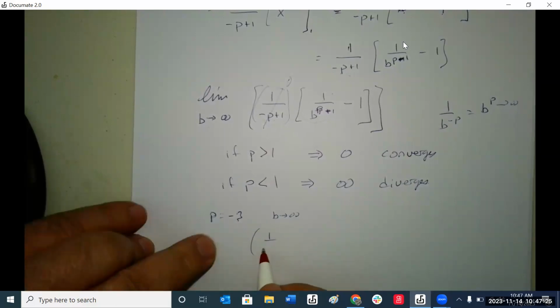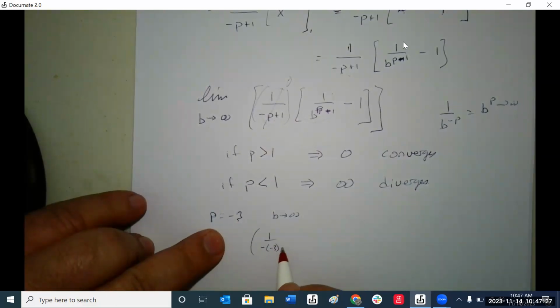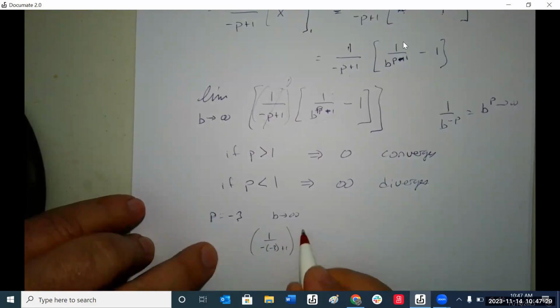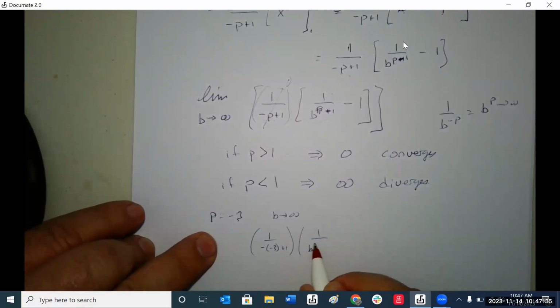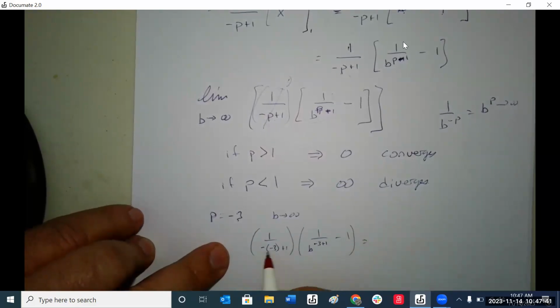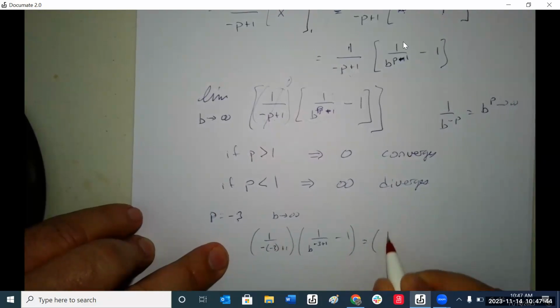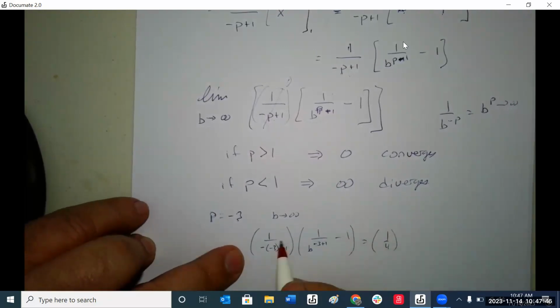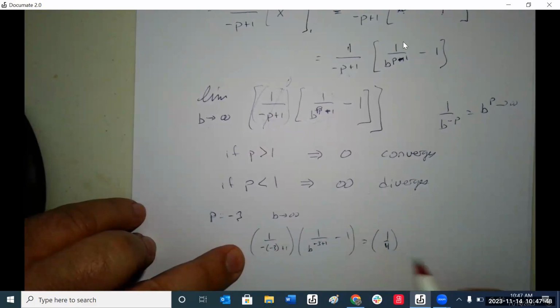So we have 1 over negative 3 plus 1 times B to the negative 3 plus 1, minus 1. So this becomes 1/4, and that's always going to stay 1/4.